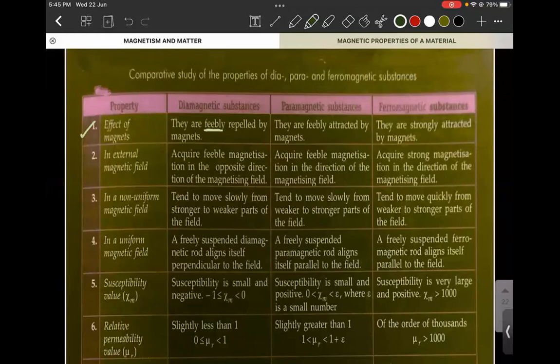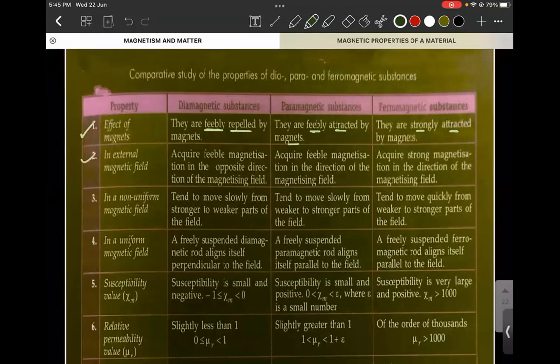It is feeble. So diamagnetic materials are feebly repelled by magnets. Whereas paramagnetic substances are feebly attracted by magnets. Whereas ferromagnetic substances are strongly attracted by magnets.